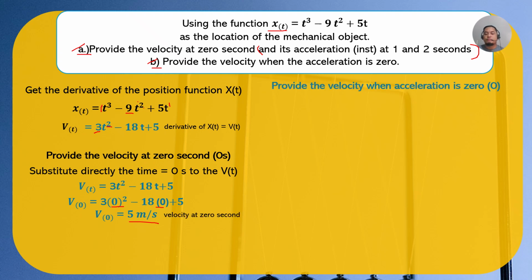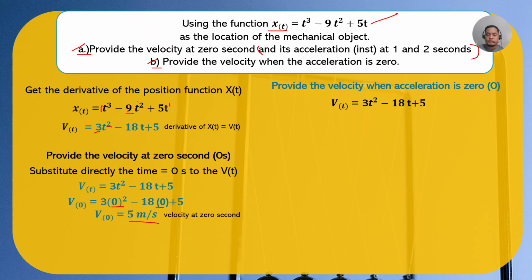Problem B: provide the velocity when acceleration is 0. So this is our velocity function. We derived it from our position function from the given.